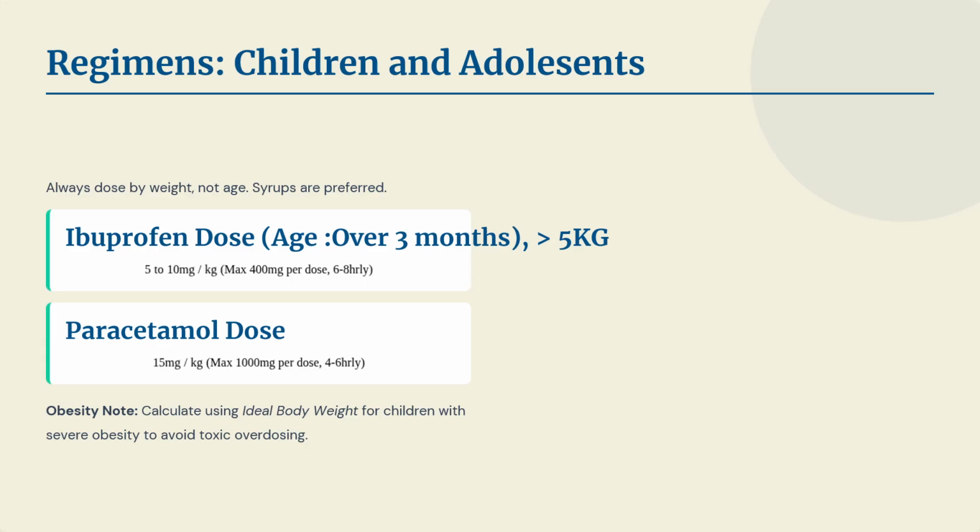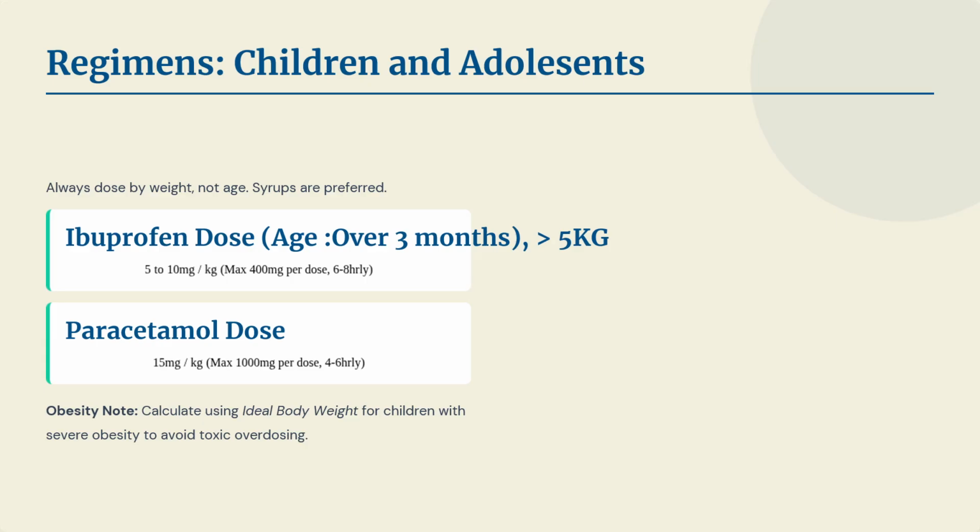So the dosage is 5 to 10 milligrams per kg body weight. And then paracetamol, 15 milligrams per kg body weight. Now, there's been a mention about calculating dosage in children who are obese. You don't calculate based on their weight.